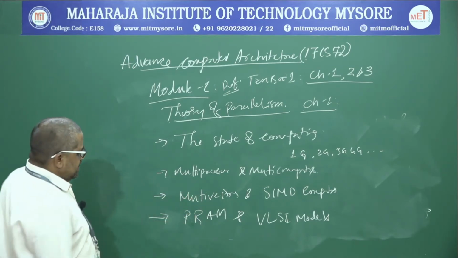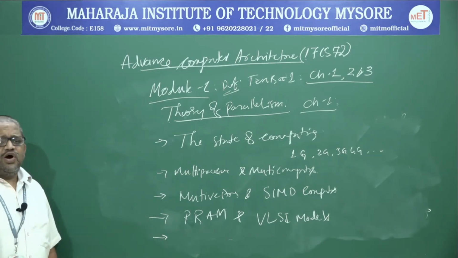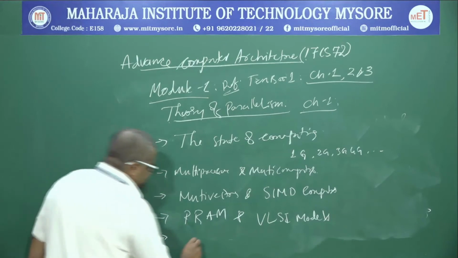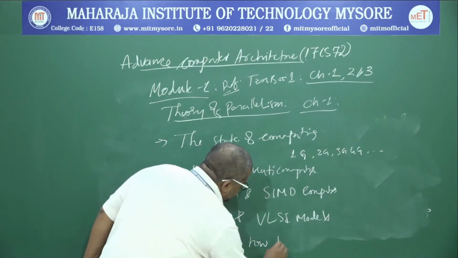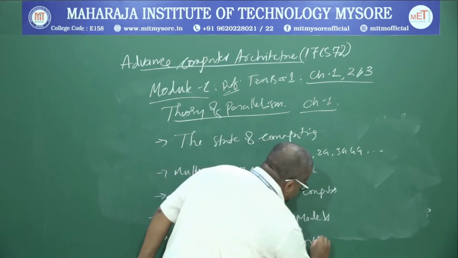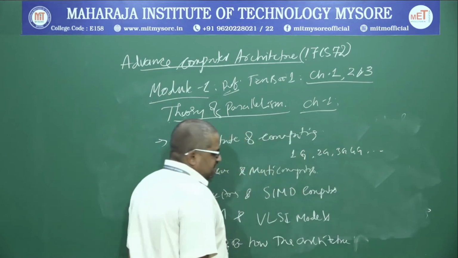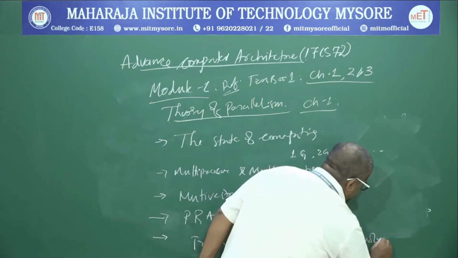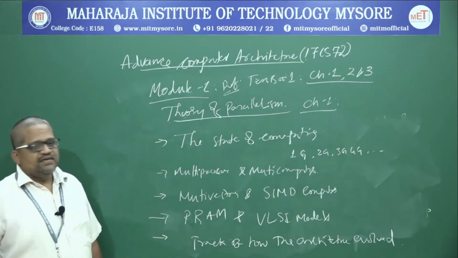And the last one is you are going to look into the track of how the architecture developed. I do not say developed, evolved. So, these are the 5 things that you are going to study in chapter 1.